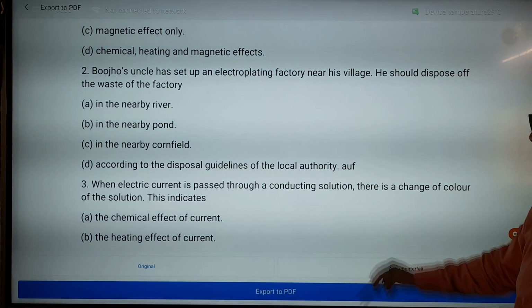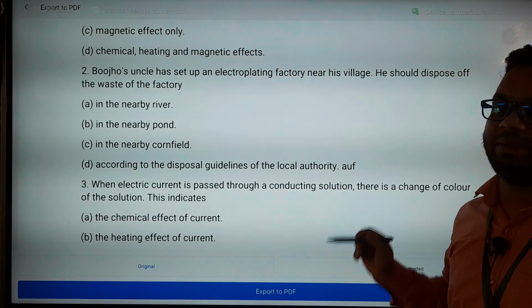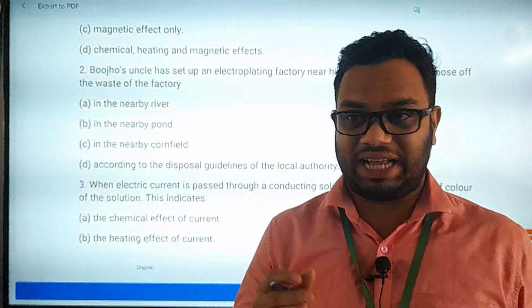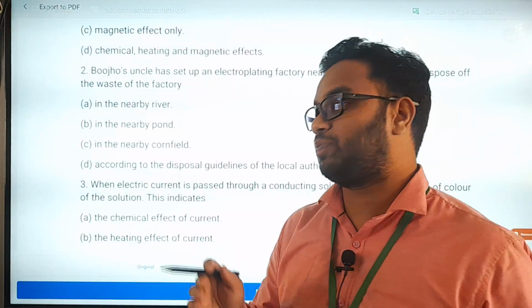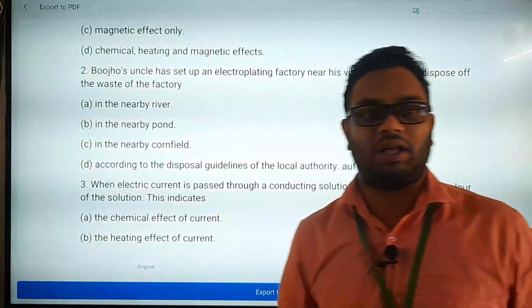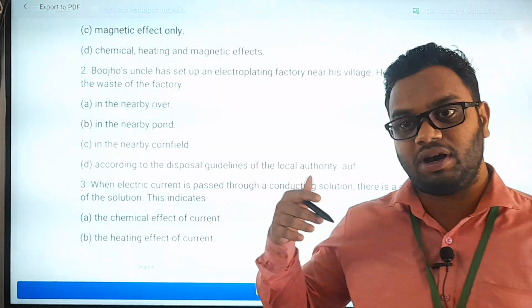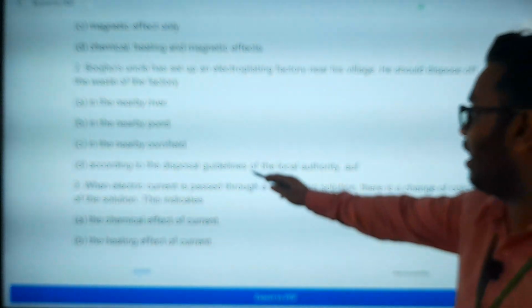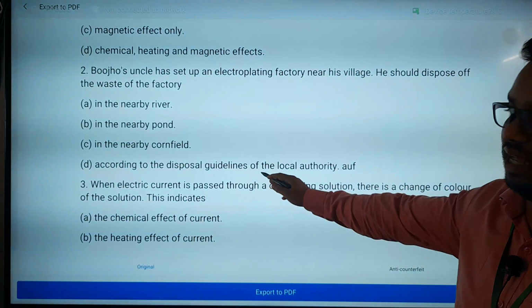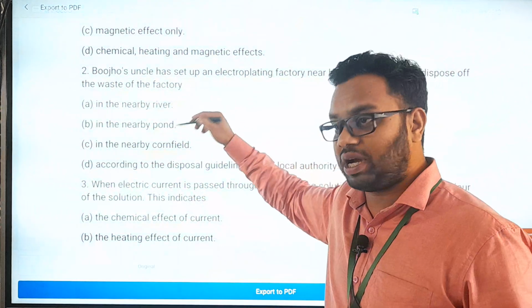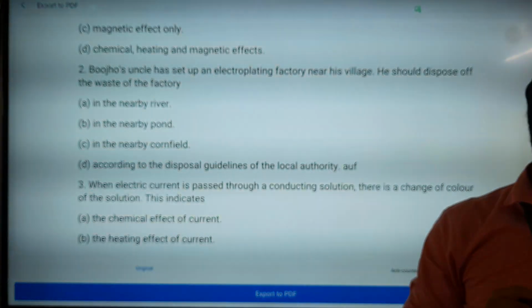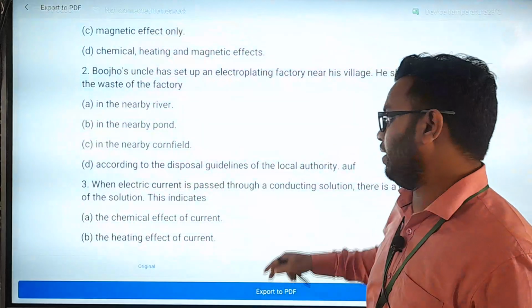Option D is correct, sir, because electroplating plants produce toxic waste. That waste should be disposed of properly, otherwise it can be harmful for all living creatures. That's why we have to follow the disposal guidelines. So number 2 also option D.